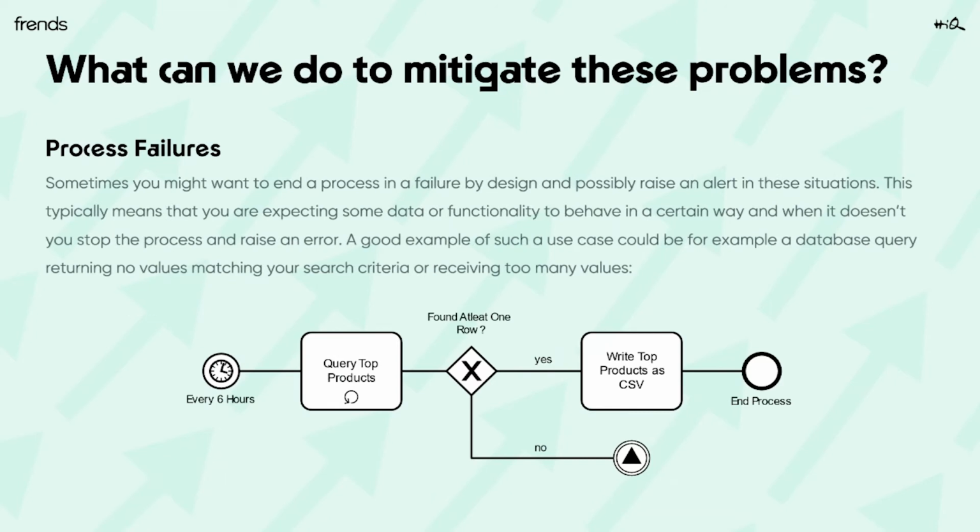Good. Moving on to maybe process failures here. So now we're taking a little bit of a different approach to the exception handling and error handling situation here, meaning that we might have use cases within our integration processes where none of the actual steps of the integration are failing, but they are not producing data that we are expecting them to, or they're just not behaving in a way that we want them to behave.